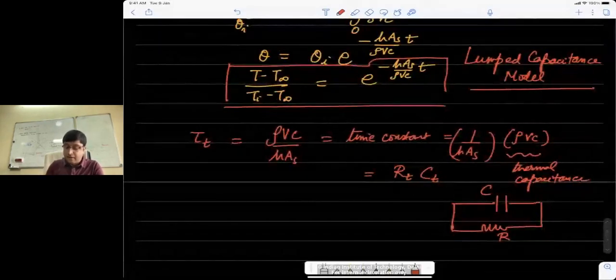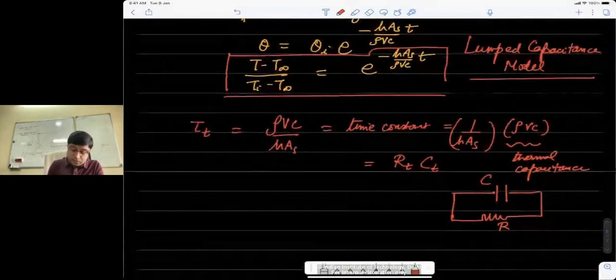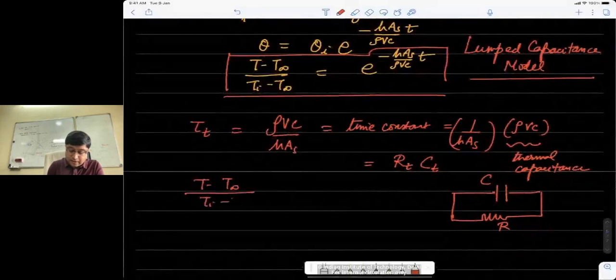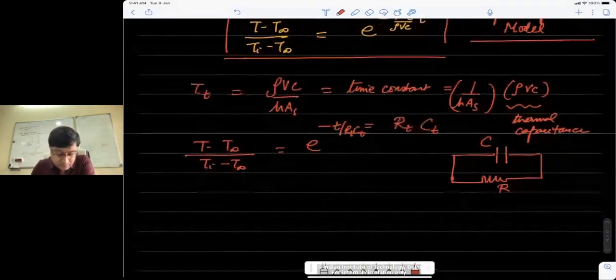You actually have the response as e to the power minus t by tau, where tau becomes R into C. So the response is similar to electrical circuits, where we can write this as exponential of minus t by R_t C_t. So similar ideas are commonly used.